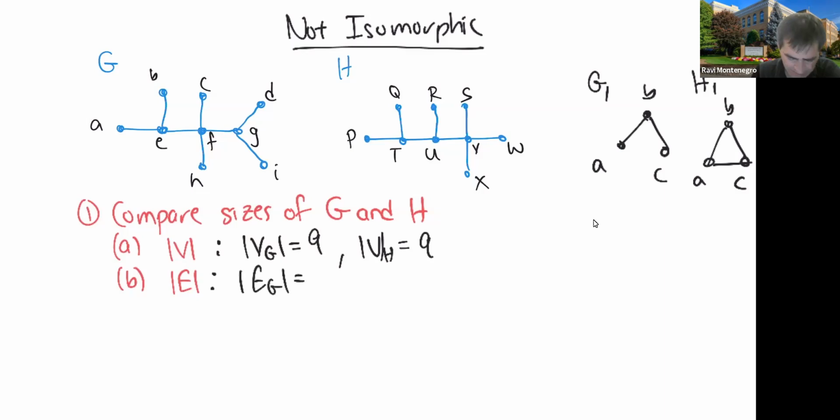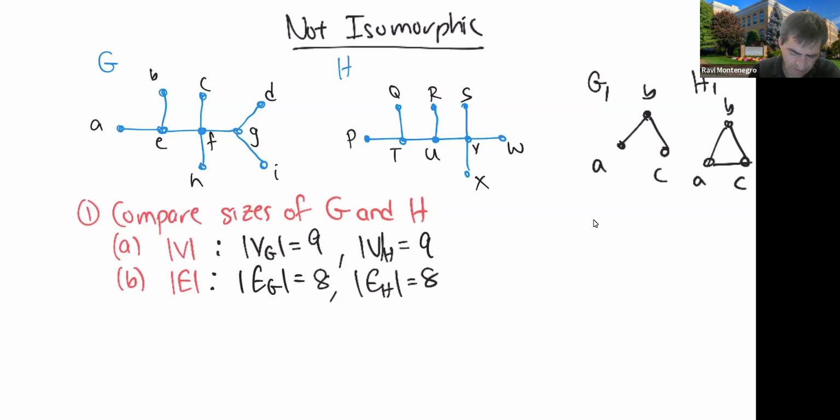The number of edges in graph G, 1, 2, 3, 4, 5, 6, 7, 8. And then the number of edges in graph H, 1, 2, 3, 4, 5, 6, 7, 8. Again, 8. So for G and H, their sizes are the same.